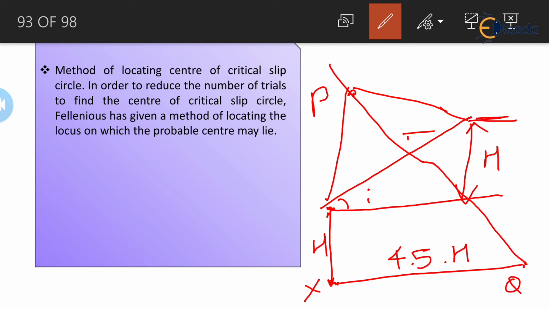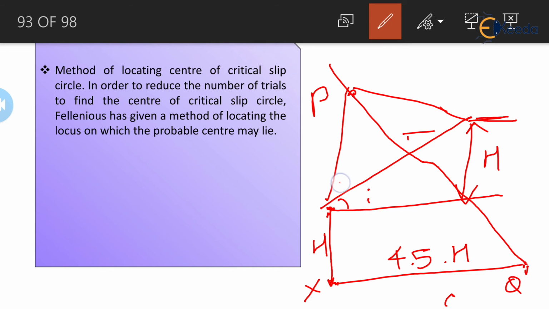The center of a critical slip circle lies on a line PQ, in which point Q has the horizontal coordinate 4.5H and vertical coordinate H. The other point P is obtained with the help of directional angles.